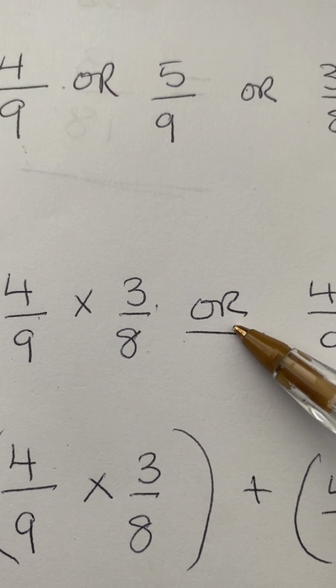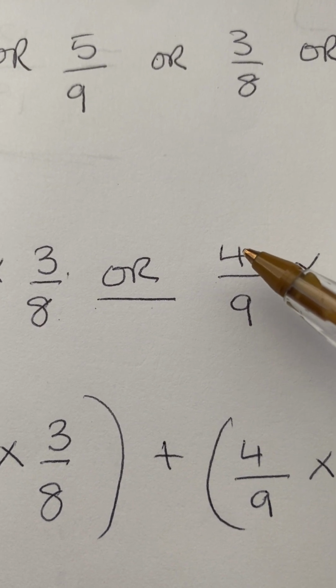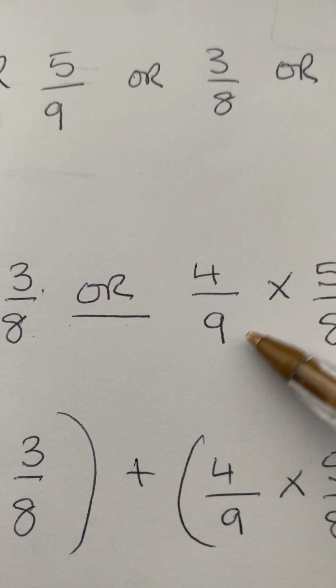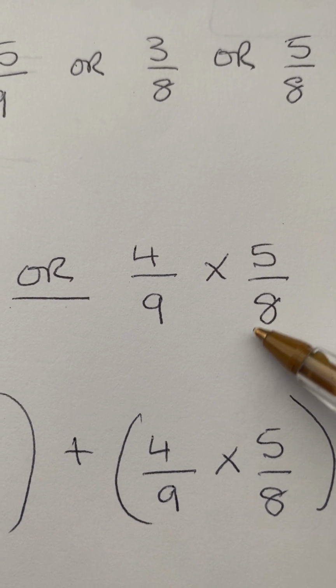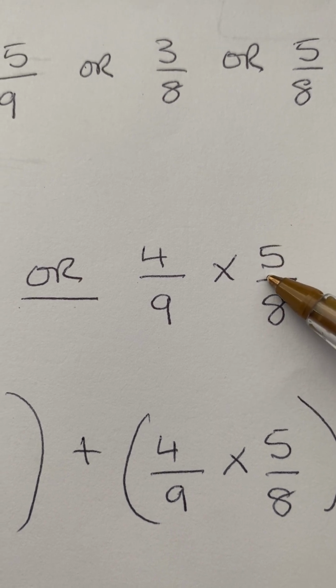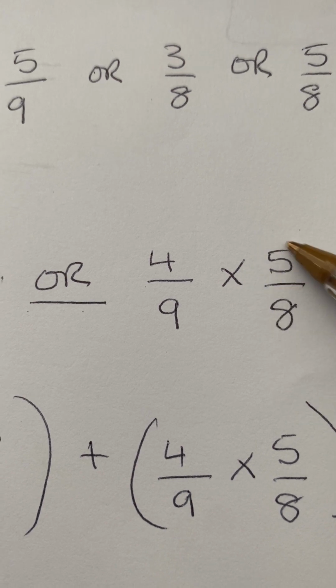Or you can have 4 over 9 times 5 over 8. Okay, so now you've picked one and it's blue, but you have 5 not blue.